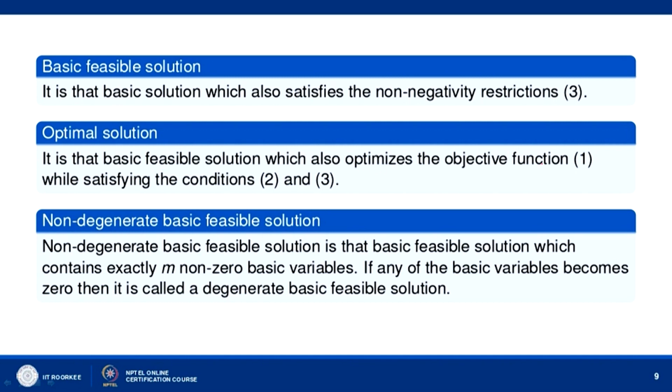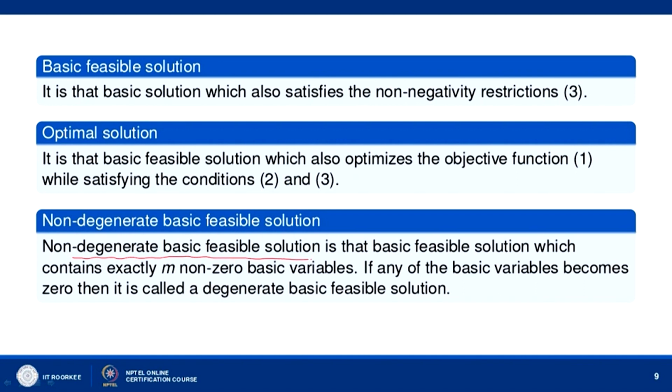So, among all the basic feasible solutions, the one which optimizes the objective function while satisfying conditions 2 and 3 is called the optimal solution. There will be several basic feasible solutions. Okay. So, among all those basic feasible solutions, the one which optimizes the objective function will be called the optimal solution.